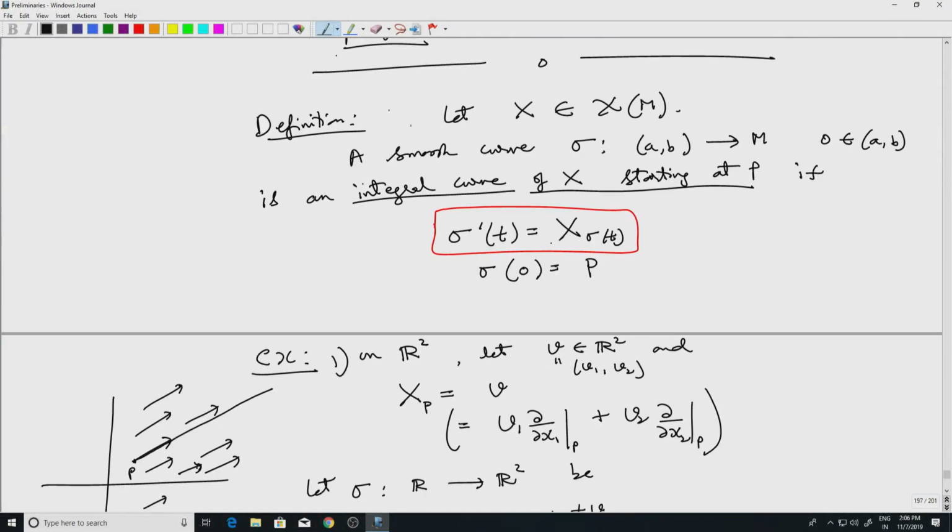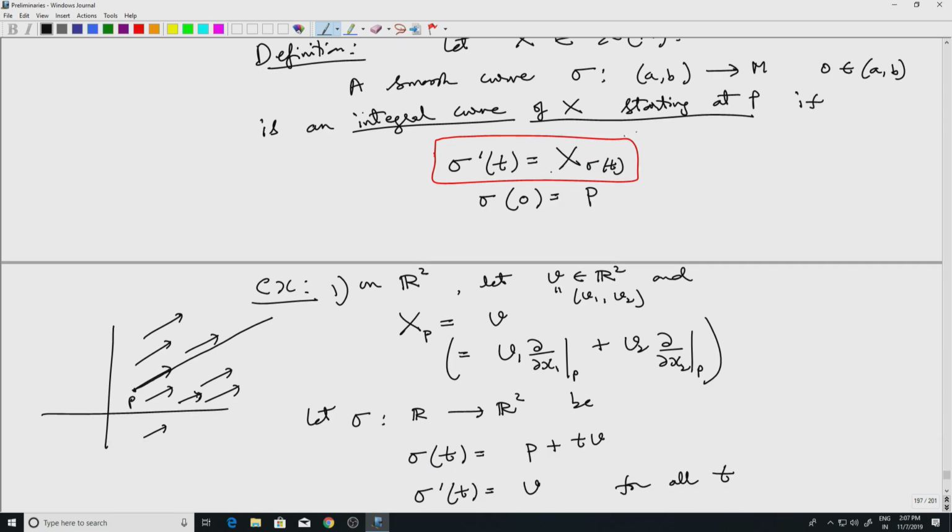Let's say we start with a vector field X on a manifold M. A smooth curve sigma in M is said to be an integral curve of X starting at P if its velocity vector at time t happens to be the value of the vector field at that point. And the starting at P just refers to the fact that at time t equals 0, I have sigma(0) equals P.